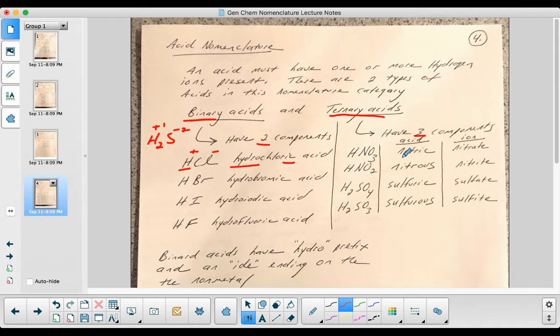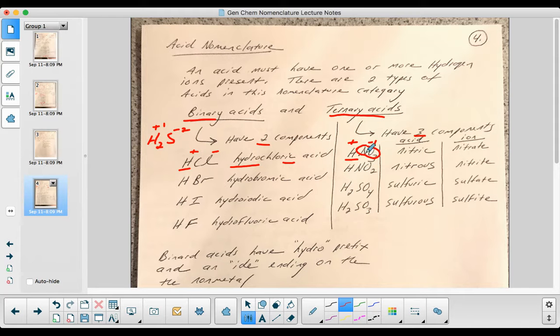And then the ternary acids are a little different. You have your hydrogen, of course, out in the front to the left in the formula. Hydrogen's a positive 1. And then this nitrate ion here, the NO3, is a negative 1. That's why the formula looks like this. Writing the formula is just like writing the formula for your ionic compounds.